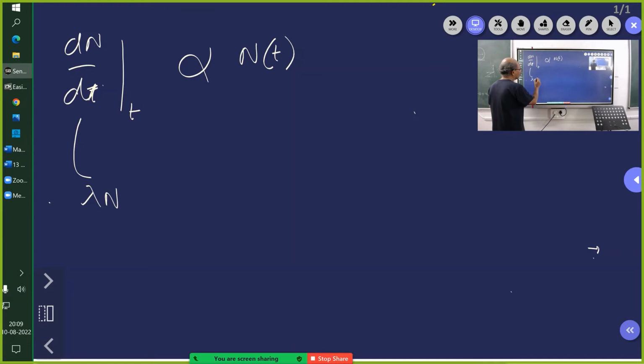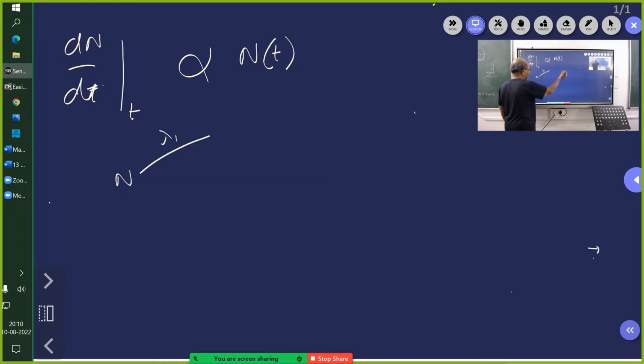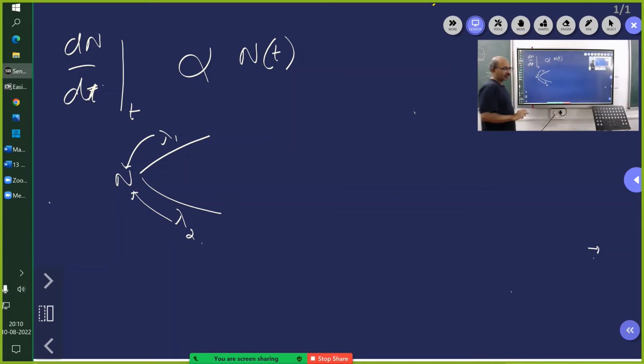At a given instant of time, there were n nuclides which are about to decay. One reaction is happening at this rate, another reaction is happening at that rate. Now both these reactions depend upon this n only.